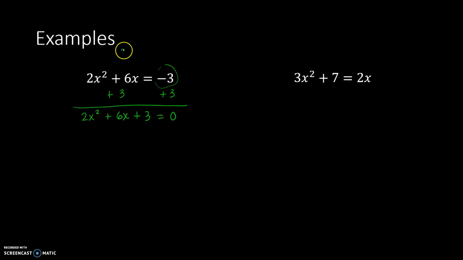I was very careful to make sure it looked like ax squared plus bx plus c equals 0 when I wrote it. And then I can identify a, b, and c. A is the number in front of x squared, b is the number in front of x, c is the constant term. When we figure out the discriminant, we do b squared minus 4ac.